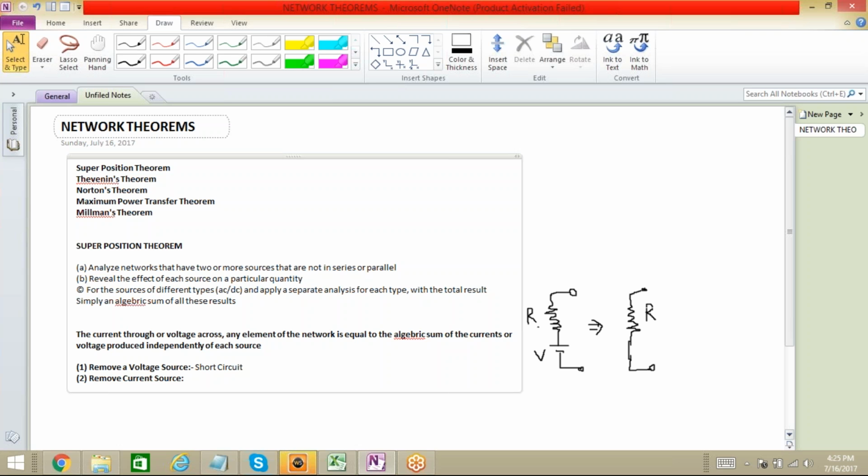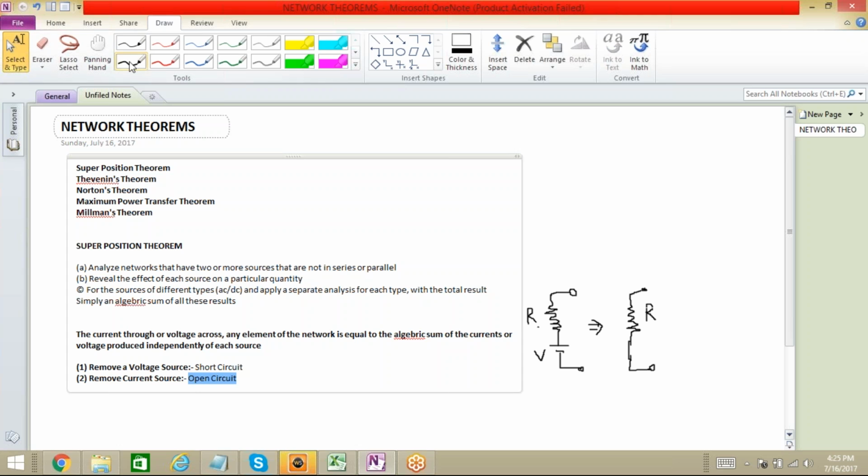Any internal resistance associated with the source must remain in the network. Remember that for removing a voltage source, you put a short circuit, and for removing a current source, you put an open circuit.